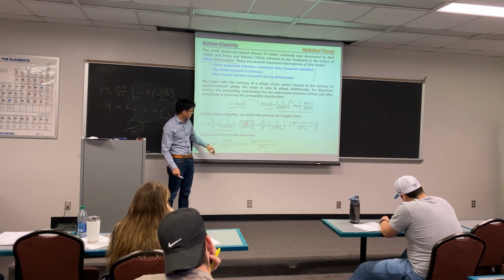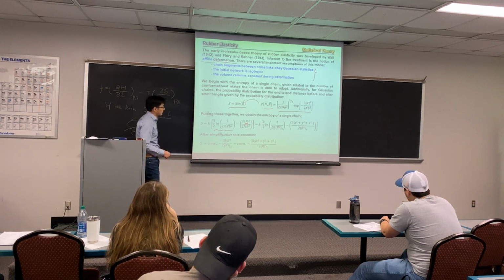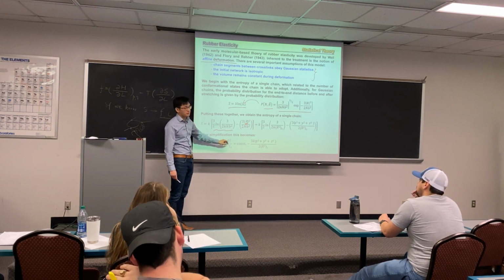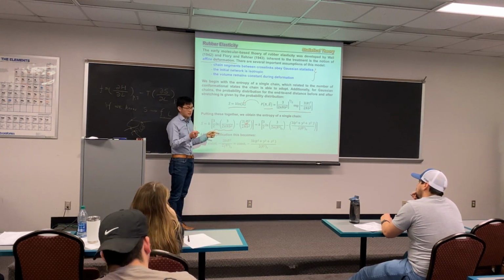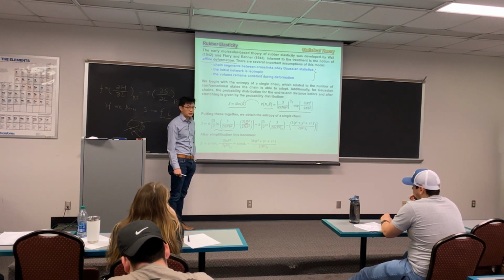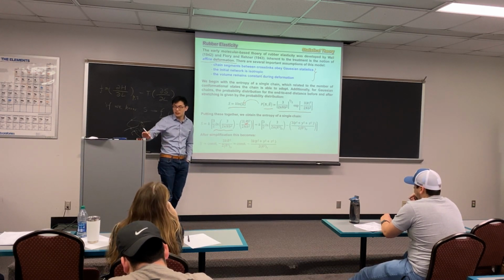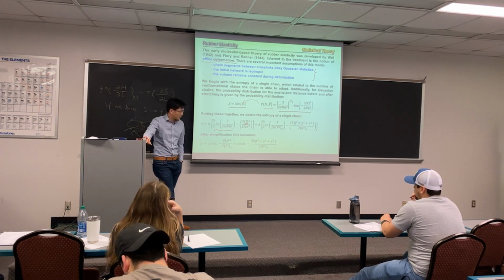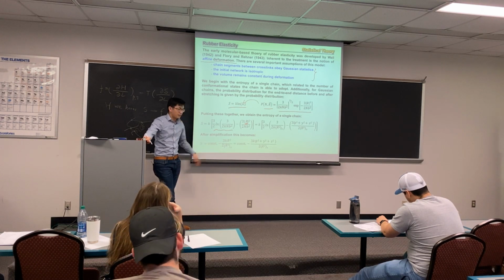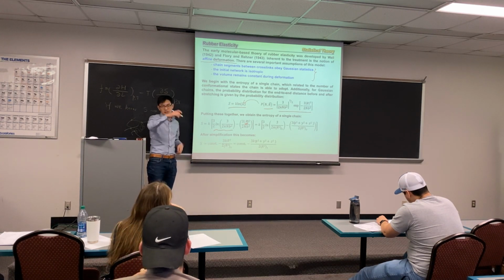K is just a constant, the Boltzmann constant. R squared is the final end-to-end distance. R0 squared is the Gaussian end-to-end distance. Okay? R0 squared will equal mb squared. So we can actually plot this out. This will tell you the longer you pull, the more the entropy drops.